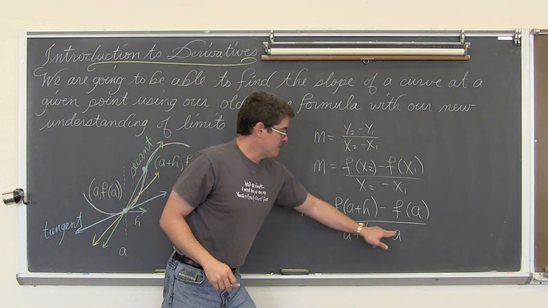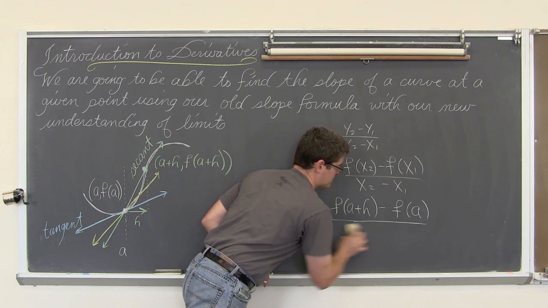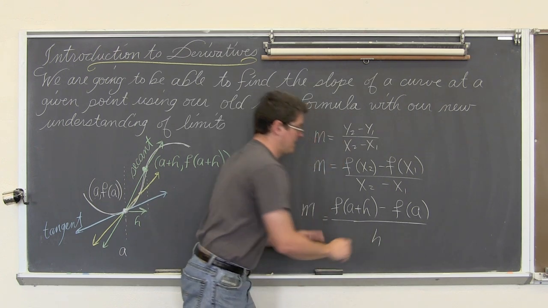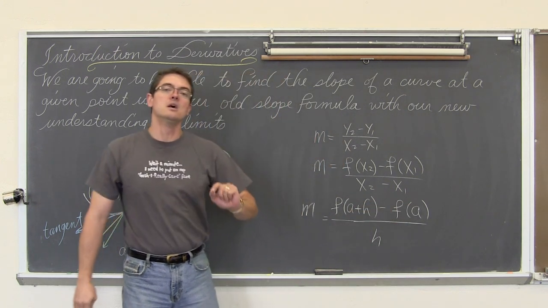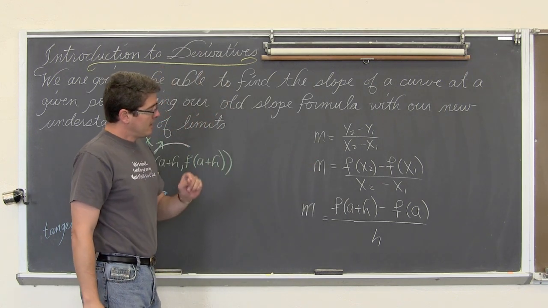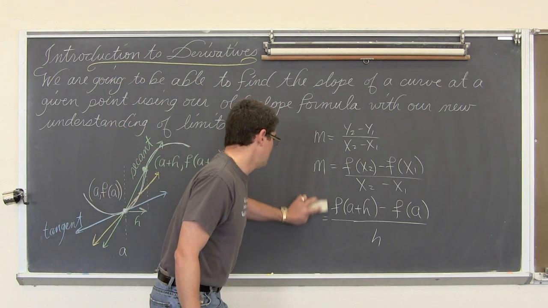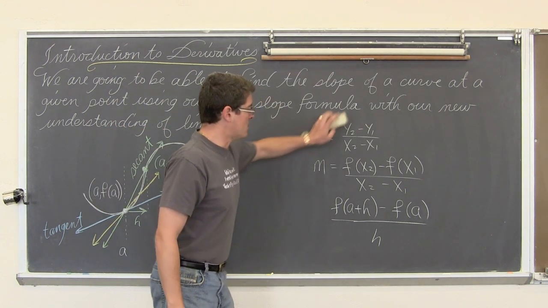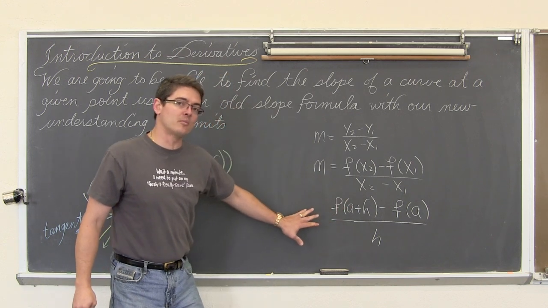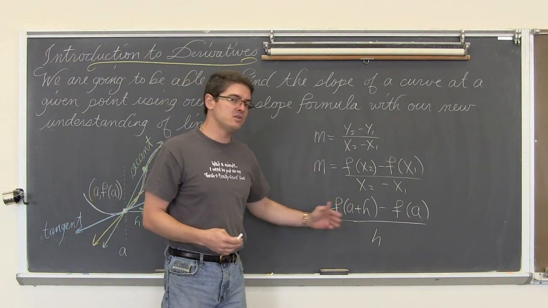Of course, a minus a is 0, so the denominator gets reduced to just a value of h, and now we have something that you might recognize called the difference quotient from the beginning of pre-calculus. Now this is all just like the old school slope formula, with varying versions and different notations.